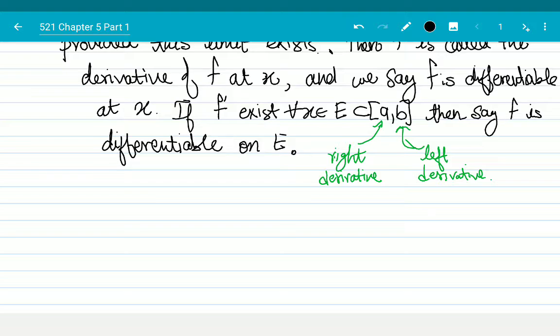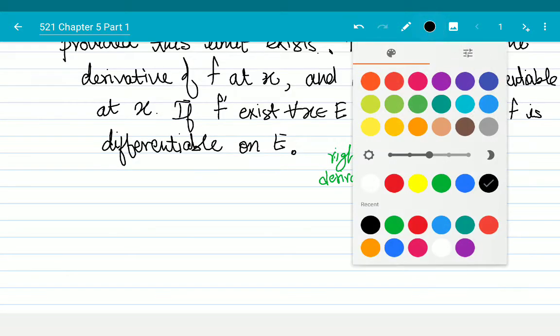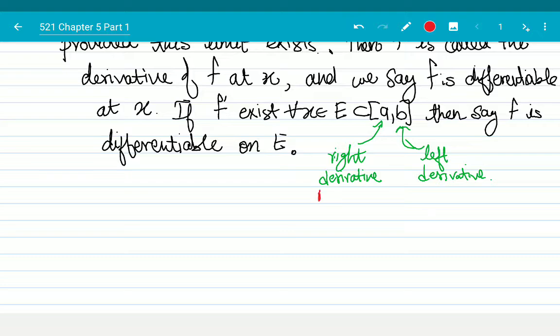So we don't say f prime of a and f prime of b are defined with our definition.